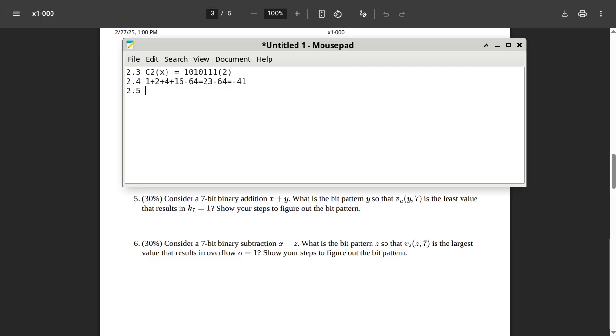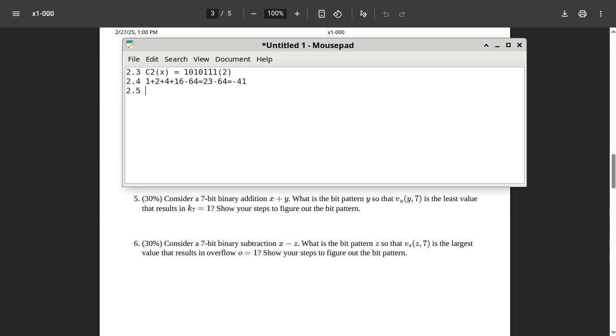Okay, so how do we proceed with this question? We always go back to definitions. One clue is K7 is a 1. So now you have to remember, what is K7? K7 is the overall carry.